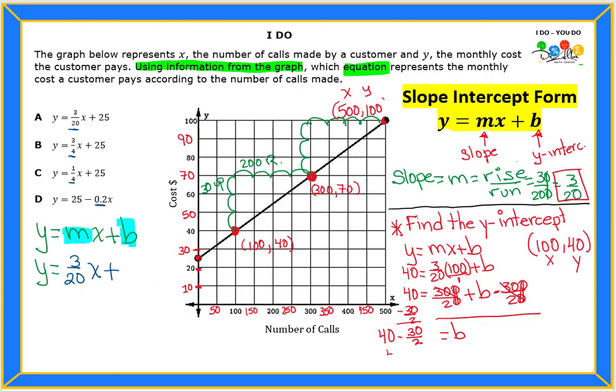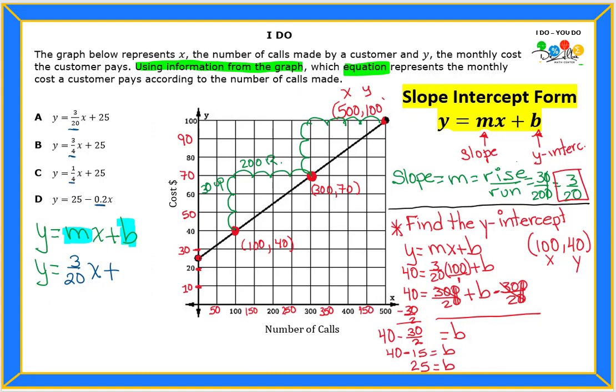Which means 40 minus 30 over 2 is a 15. And if you take away or subtract 40 minus 15, we get 25. And that's my B. That's my y-intercept.